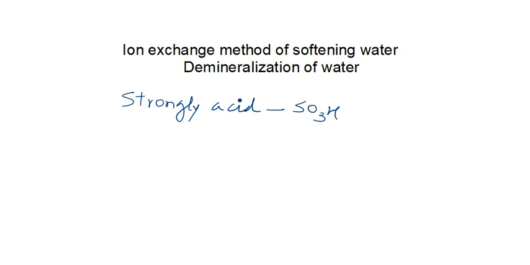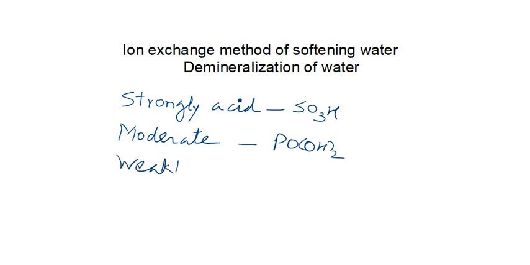Then some moderately strong cationic resins have such groups. Then some weakly acidic groups derive the weakly acidic cation exchangers.